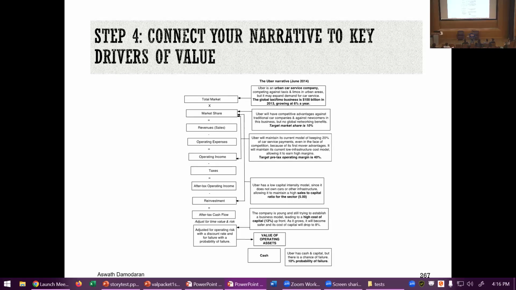One final question. Could Uber have failed given the numbers in 2014? They're a small company losing a lot of money. Venture capitalists don't provide the capital, they wouldn't. So I gave them a 10% failure rate. Why so low? Because in a sense, they're too big to fail. What is too big to fail now?